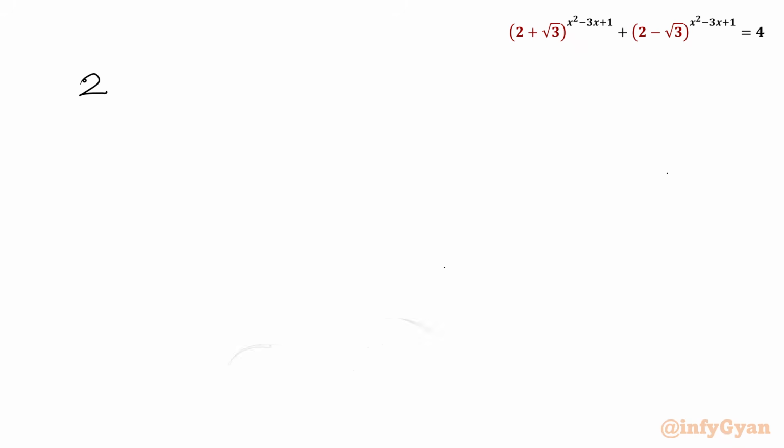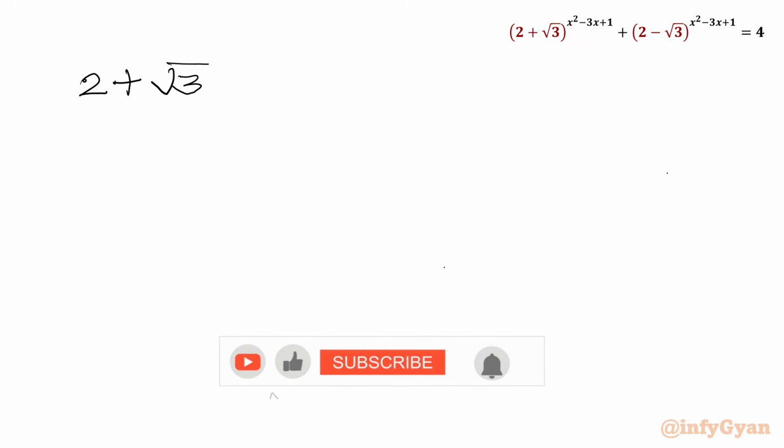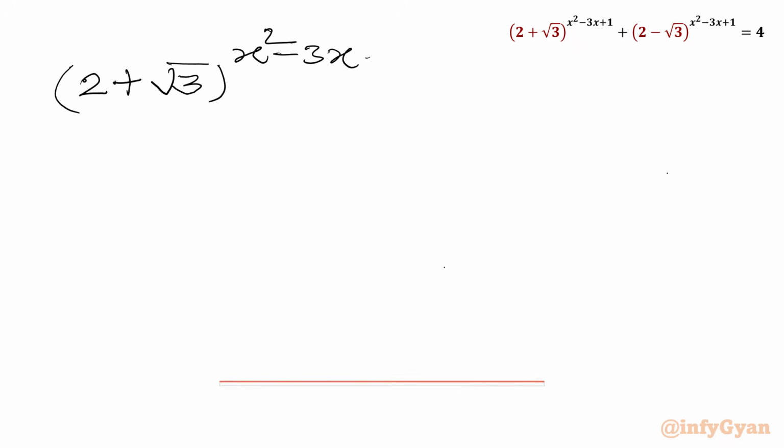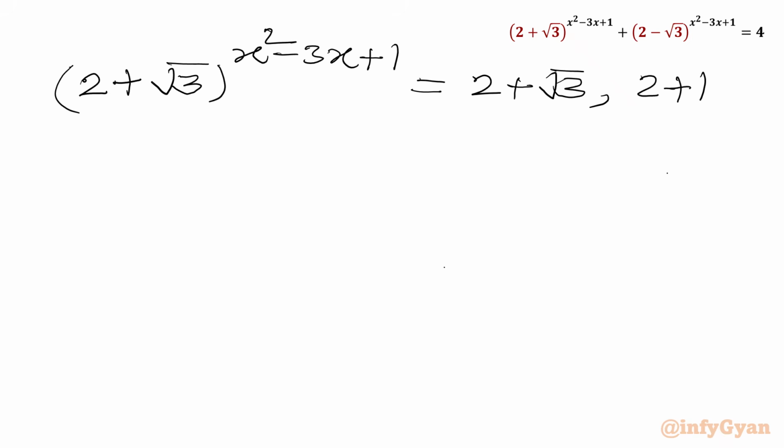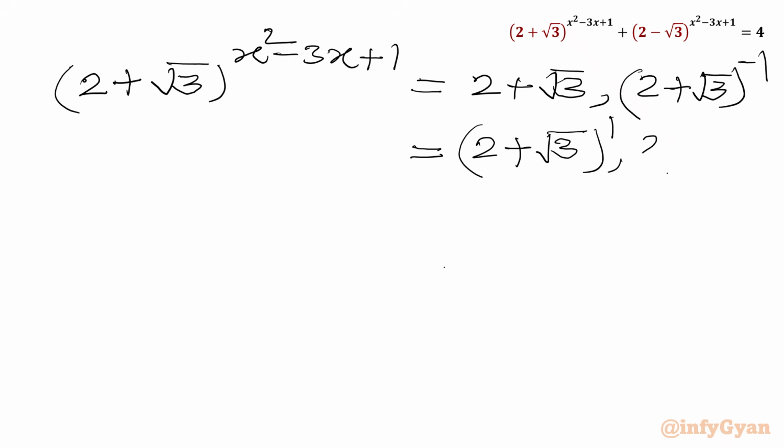So I will write 2 plus root 3 with whole power x square minus 3x plus 1 will be equal to 2 plus root 3, comma 1 over 2 plus root 3 will be 2 plus root 3 with power minus 1. Or I can write 2 plus root 3 with whole power 1 and 2 plus root 3 with whole power minus 1.